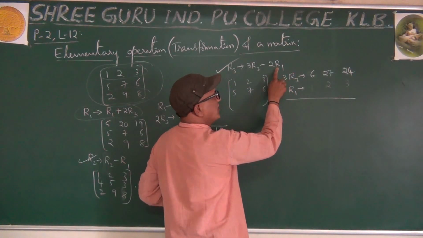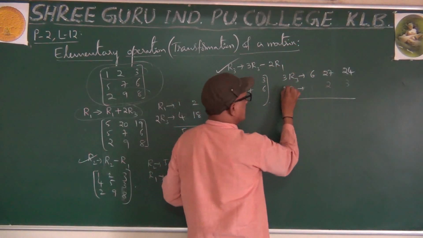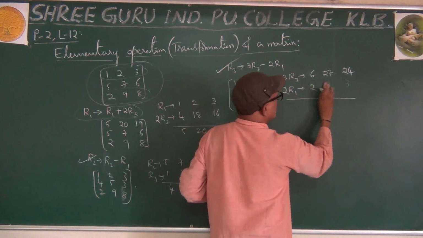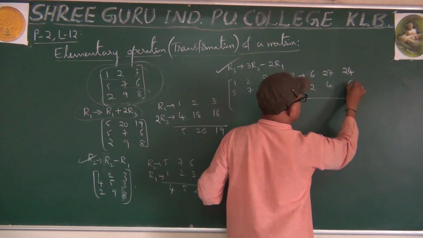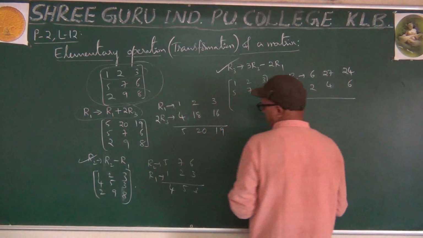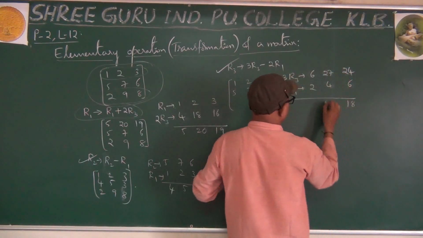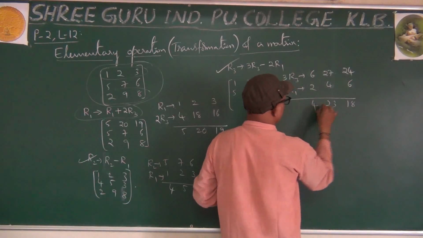We don't want R1, we want 2 R1: 2 1s are 2, 2 2s are 4, 2 3s are 6. What do we have to do? We have to subtract: 6 minus 2 is 4, 27 minus 4 is 23, 24 minus 6 is 18.